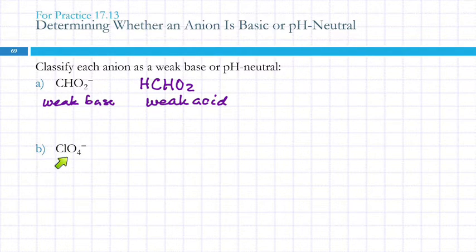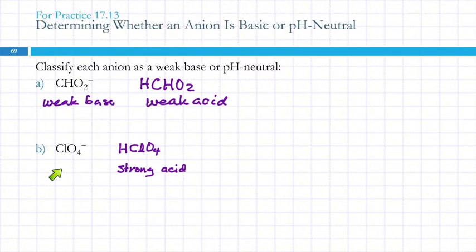How about this one? What's the conjugate acid of that? Slap an H plus on it. HClO4. Strong or weak acid? Strong, because it's in the list of 6. If this is a strong acid, does this act as a base?